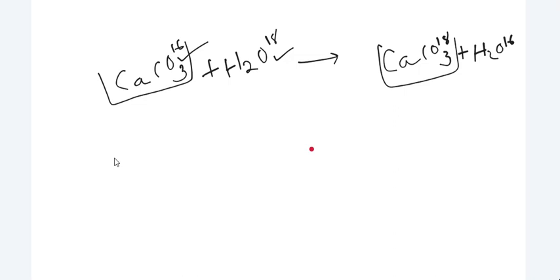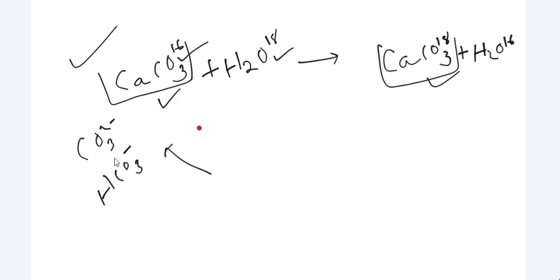All the carbonaceous organisms use the carbonate ion CO3 2 minus, or HCO3 minus ions, to build their shell. Now this oxygen 18 is in their shell. So there is variation: the oxygen can be oxygen 16 or oxygen 18.